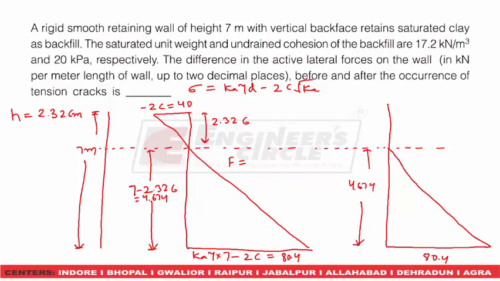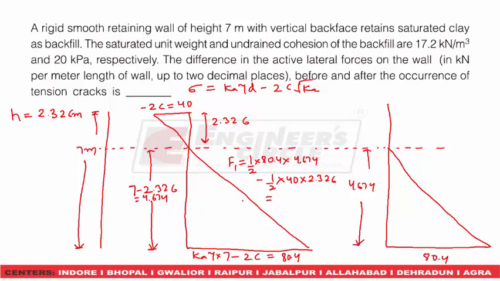So this F1 will be equal to this minus this. So half of base, that is 80.4, into height 4.674, minus half of base, which is 40, into height, which is 2.326. So it comes out to be 0.5 into 80.4 into 4.674 minus 20 into 2.326.